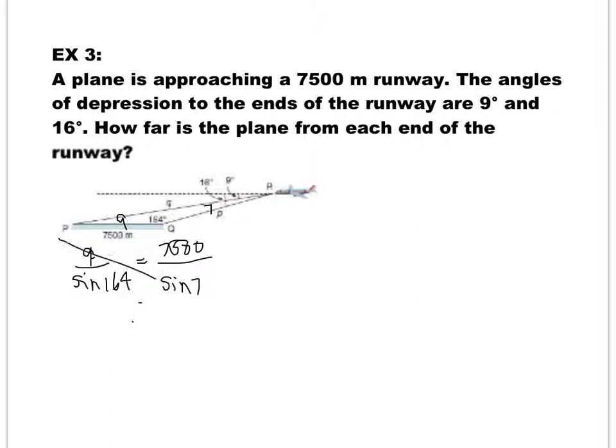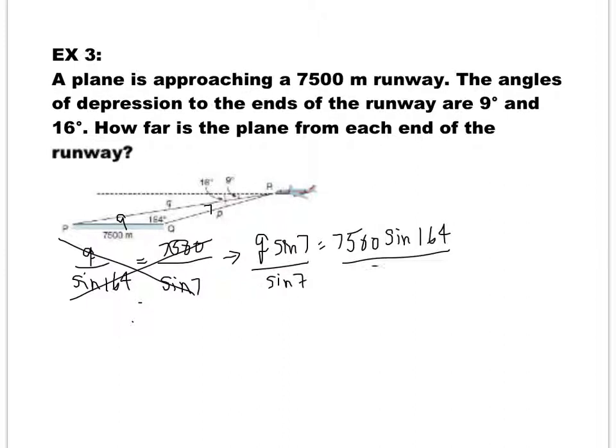Again, crisscross, I'm going to get Q sine 7 is equal to 7500 sine 164 divided by sine 7, I'm going to get Q is approximately 16,963.1 meters.